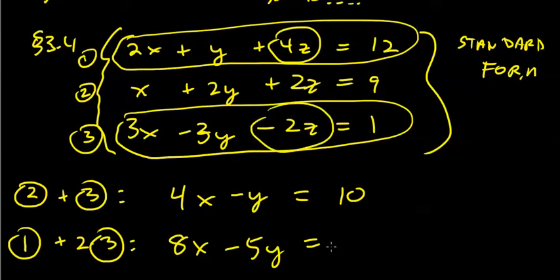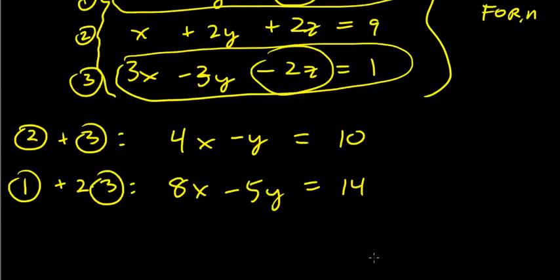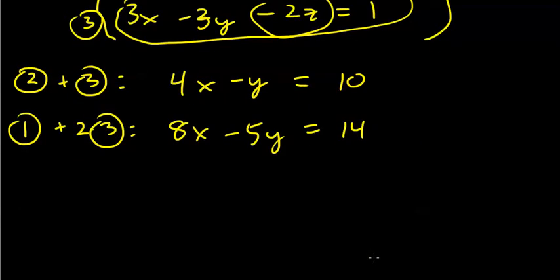So the z's cancel out. And I'll take 12 plus 2 times 1 is 14. Alright, so basically I take two different pairs and rig things to eliminate the z variable from both. Alright, this gives me a resulting 2 by 2 system.